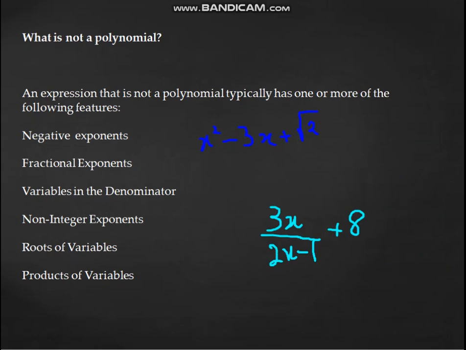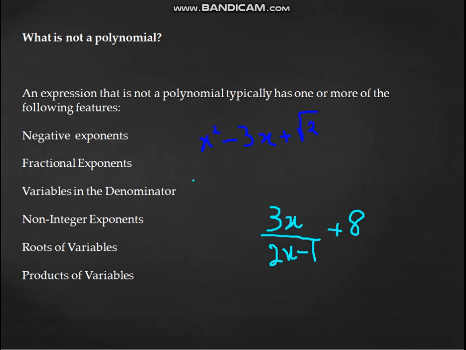Okay, let's continue. There are two expressions written in here. Let's cross-check if they meet the requirements of a polynomial. In this expression written in dark blue, x squared minus 3x plus root 2, do you see any negative exponents? I do not. Are there any fractional exponents on the variables? I do not see any. Are there any variables in the denominator?